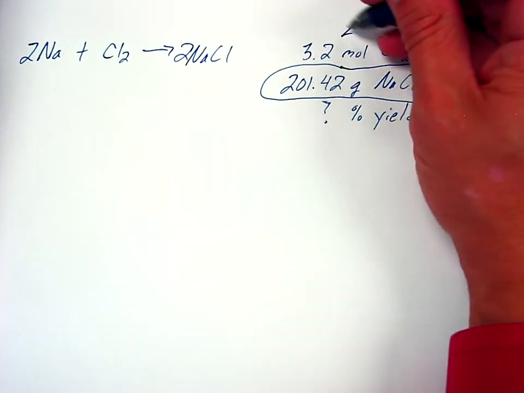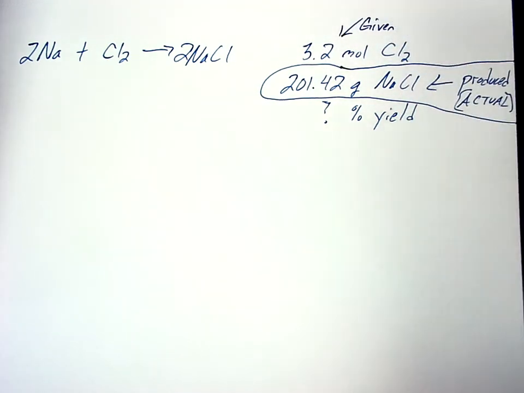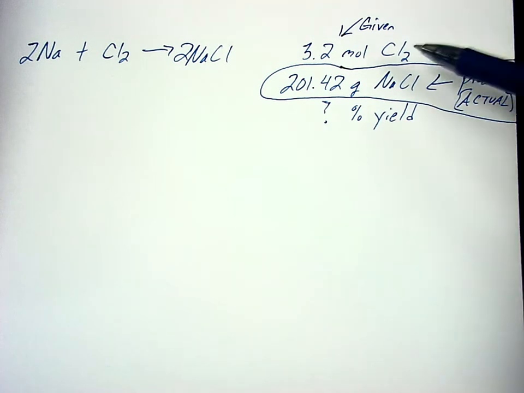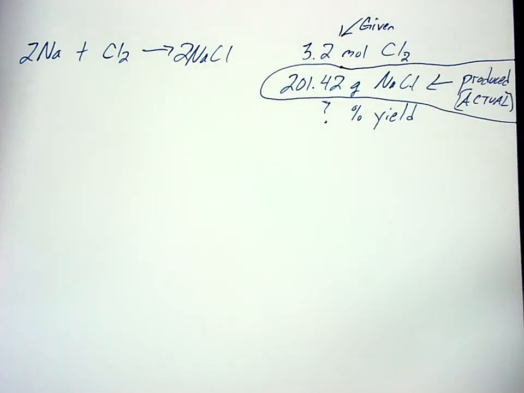This number, therefore, is going to be the given value that the scientist in the lab started with, and I can find out what he should have made, theoretically, using stoichiometry. So if I convert chlorine to NaCl in this equation, I can find out what the scientist should have got. Therefore, I can find out what his percentage is.